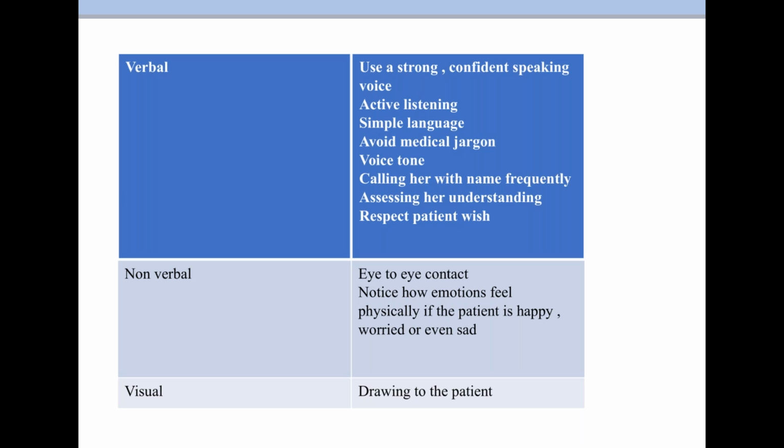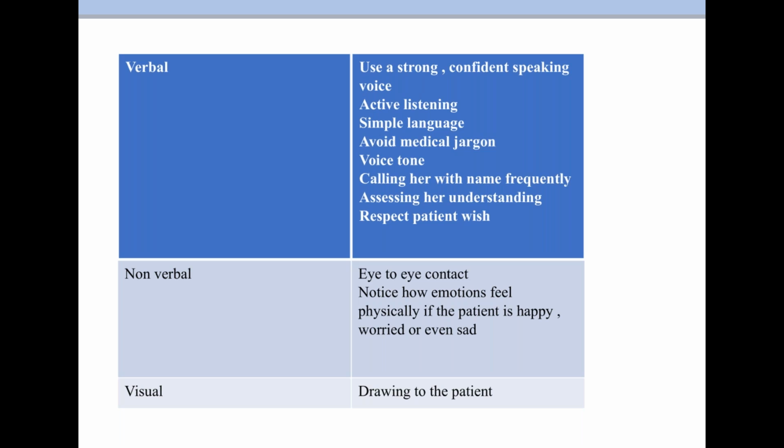And if the patient is sad, like she lost her baby or she developed a complication in her delivery, then we need to look sad as well. And then we tell her, we are really, really sorry.